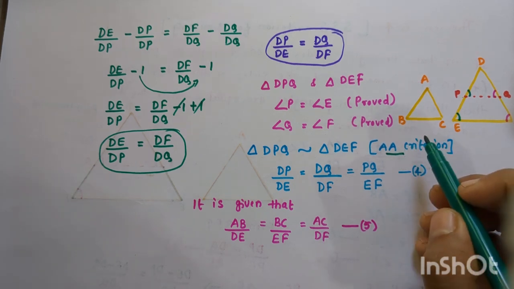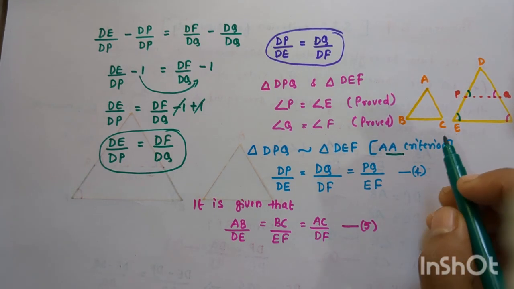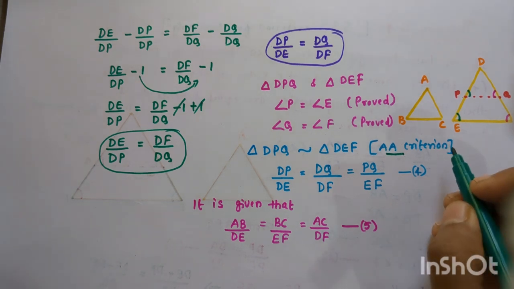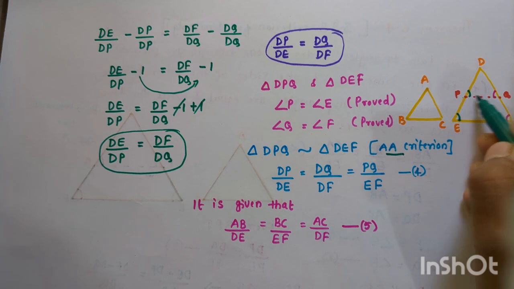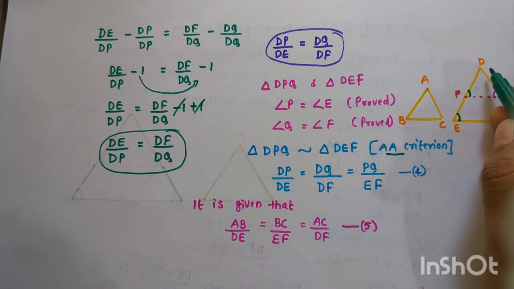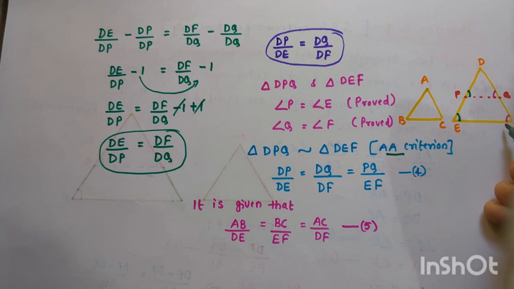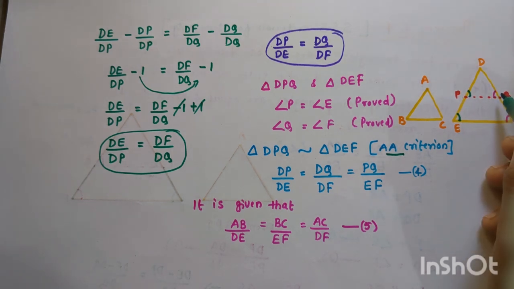That is, if two angles of one triangle are respectively equal to two angles of another triangle, then the two triangles are similar. So when you consider this triangle and this big one, you see this angle is equal to this angle and this angle is equal to this angle. So two corresponding angles are the same.